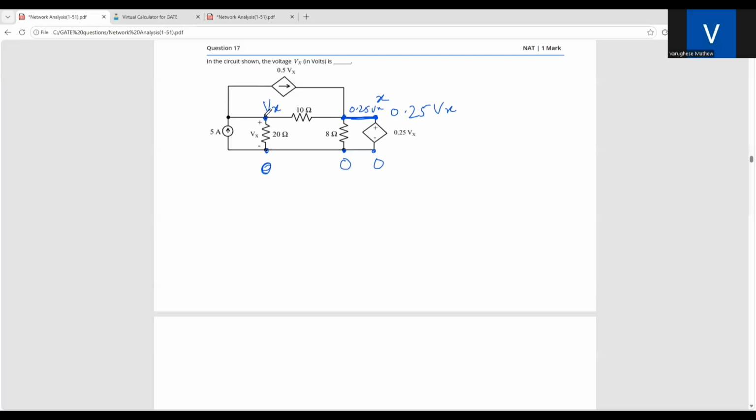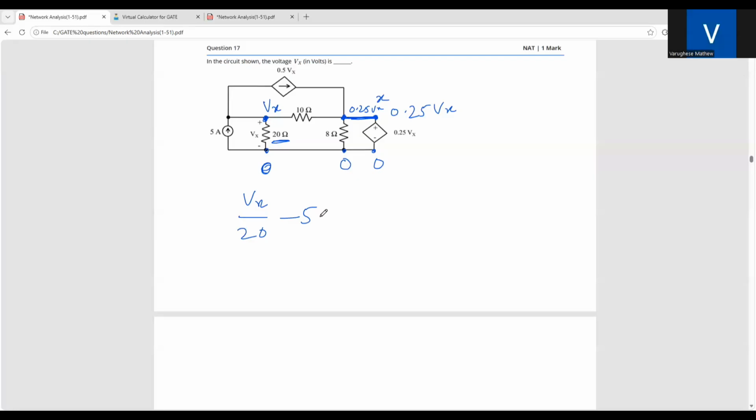Now at this node, you tell me the equation. At the node of the 20 ohm resistor. So tell me the equation. Vx minus 0 divided by 20, then minus 5. Vx minus 0.25 Vx across 10 ohm, plus Vx minus 0.25 Vx divided by 10, equal to 0.